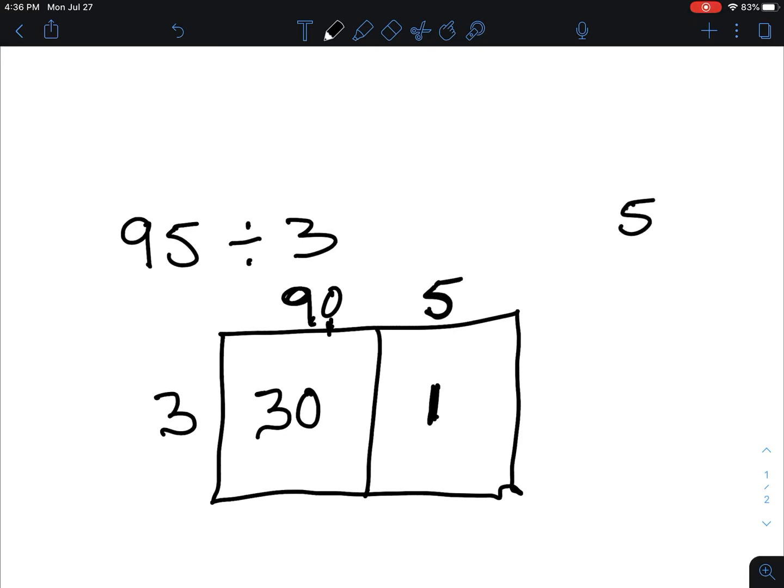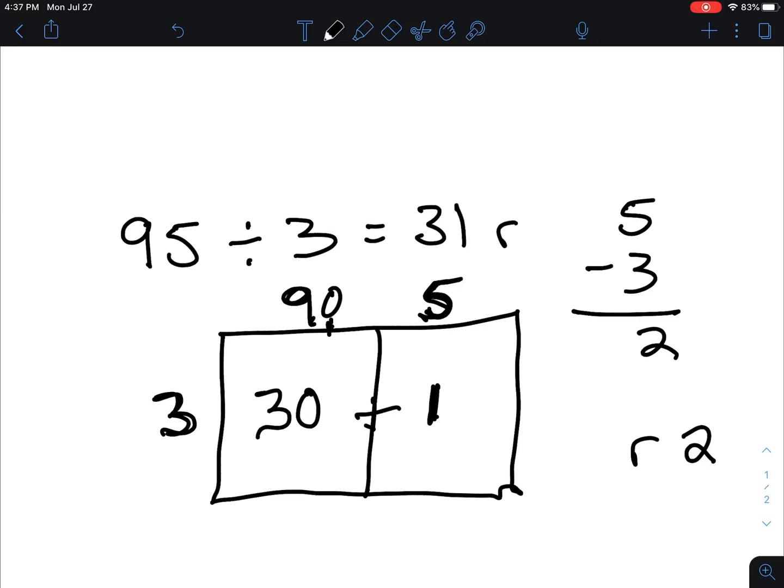If 3 does not go into 5 evenly, I take that number in the ones place and my divisor and find the difference between the two numbers. That's my remainder, 2. And I add those together, so the answer is 31 remainder of 2.